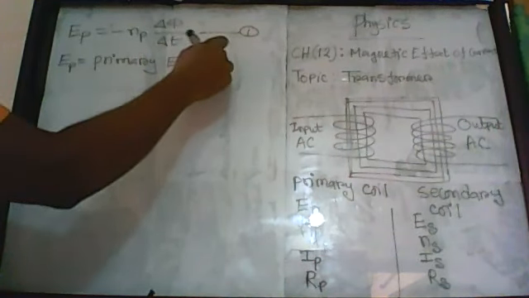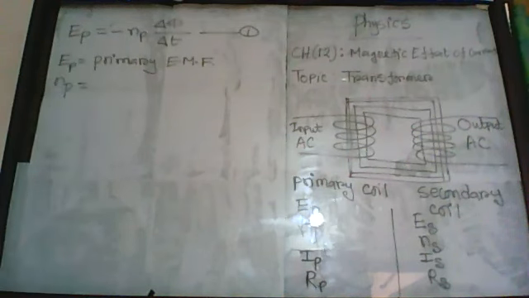And then NP: NP equals the primary number of coil in the primary part of the transformer. In the primary part of the transformer there are some coils here. The total number of coil in the primary part will be called NP. So NP equals the primary total number of coil.